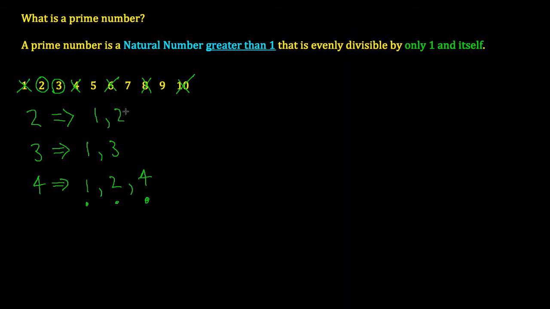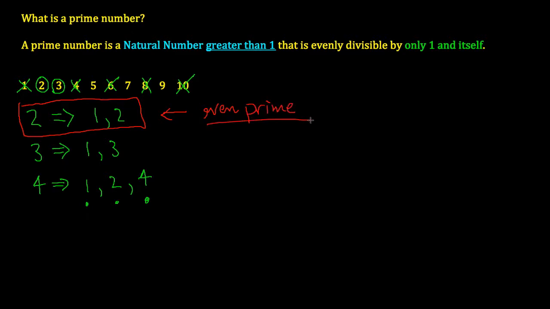So already it's got 3 different factors at a minimum, and as a result, it will not be prime. We can throw out all other even numbers. 2 holds the unique place as the only even prime. The significance of that is that every other prime that we look for will be odd.